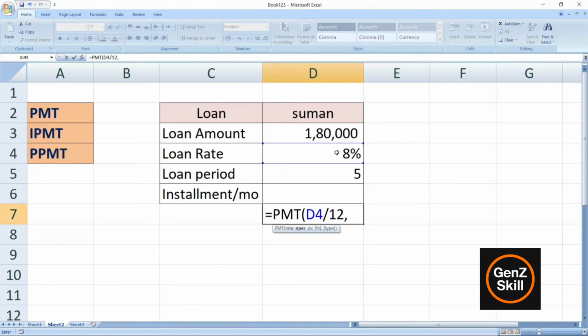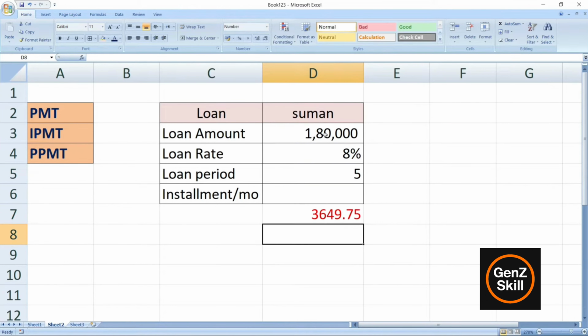Second, we have to select the period of the loan. Here we enter the data in years, 5 years. So select the cell, multiply with 12, so we can find the months of the loan period, comma, principal, then enter.